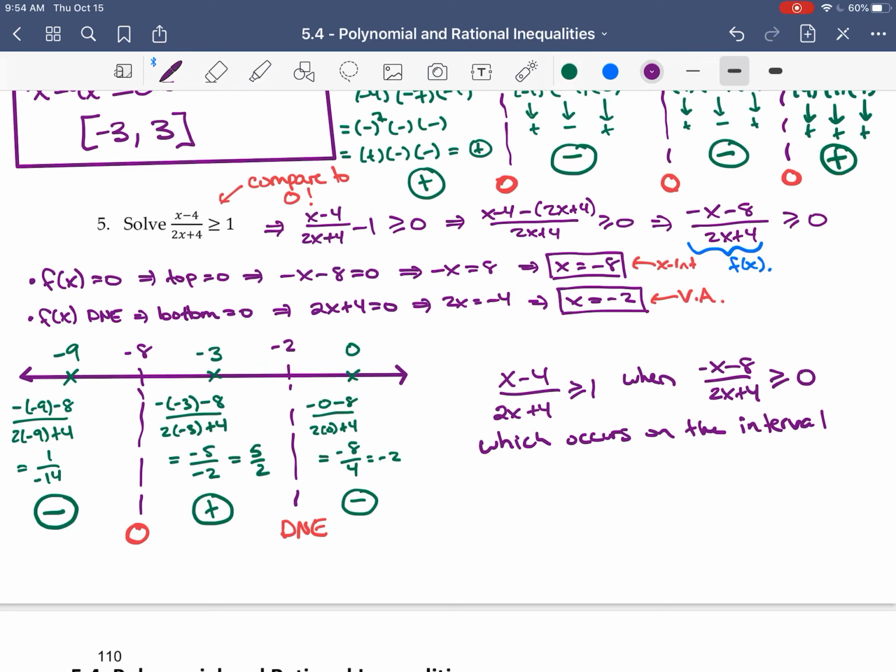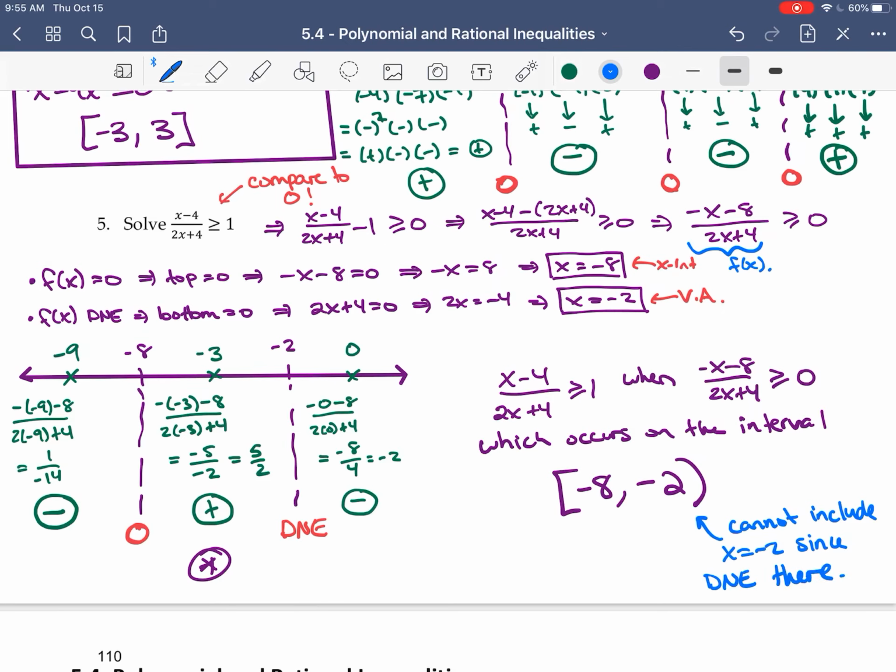So it's when it's positive. That's going to be this middle interval here, and we're allowed to equal 0. So that means we can include negative 8, but we cannot include the endpoint negative 2. So it's going to be the interval from negative 8, including negative 8, to negative 2, not including negative 2. We cannot include x equals negative 2 since it does not exist there. So that's our interval.